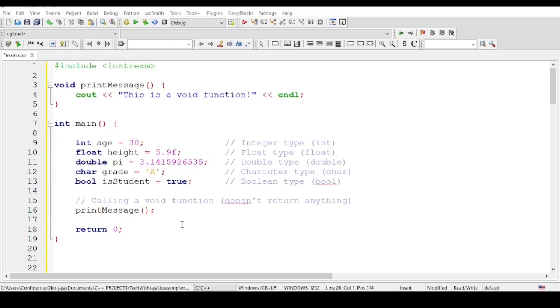The Boolean values, which are used to store true or false values, commonly used for decision making and logical operations. The characters, which are used to store single characters like a letter or a symbol. The wide characters, which are used to store characters like emojis or Chinese alphabets. The void type, which represents the absence of a value, primarily used for functions and pointers.